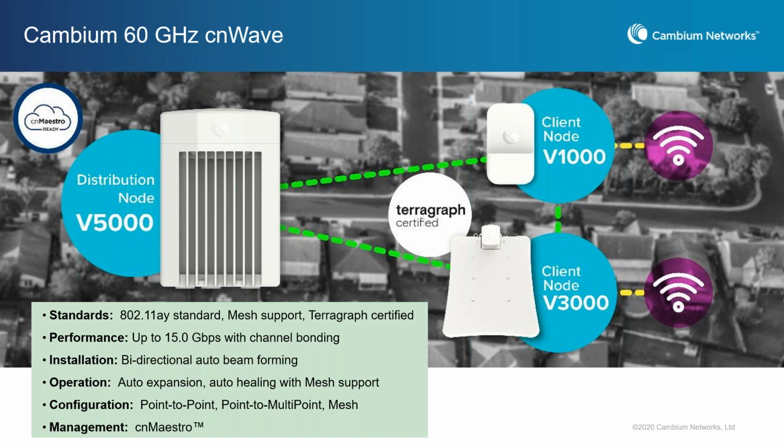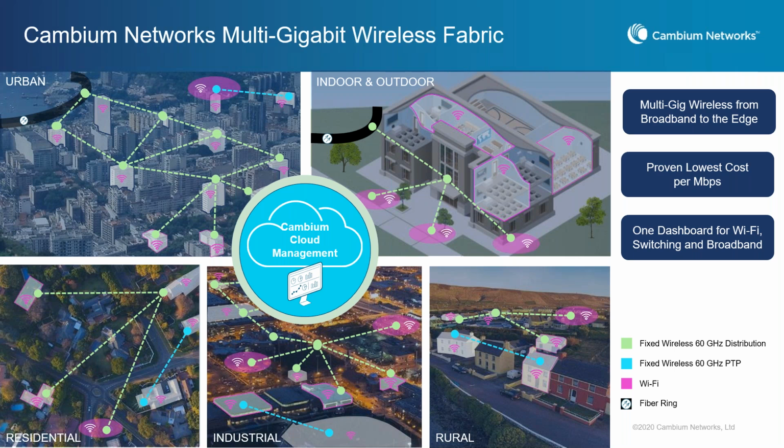So where do we use 60 gigahertz? Generally speaking, 60 gigahertz is short distance, high capacity. Because we deliver multi-gigabit capacity using the 60 gigahertz, this is the first time we can offer equal or even better performance or throughput compared with fiber and cable. So we can deploy this technology in the urban market to provide an alternative high-speed broadband service.